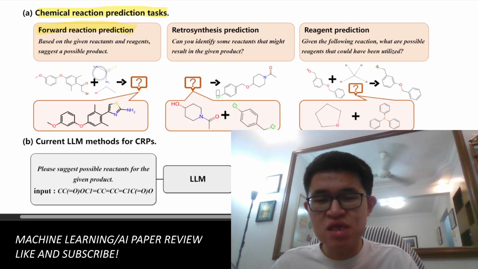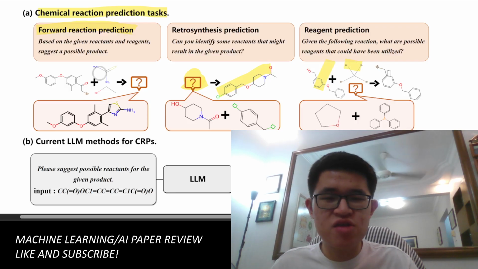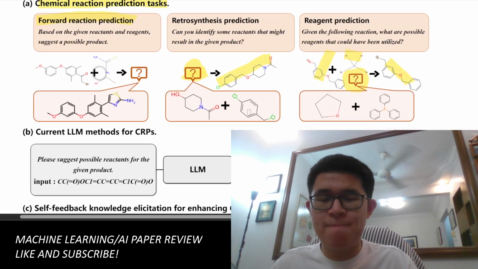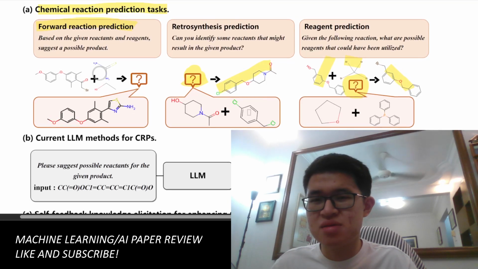The other one is, given a product, can you guess the possible reactants? And the third one is, given a few of the reagents and the final product, can you guess the missing reagent that's required in this case? So it's kind of like filling in the blanks.